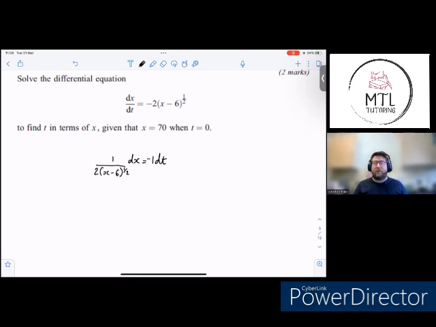Okay, so we've separated variables. We need to put the integral symbols in because otherwise it's kind of meaningless. Okay, let's rewrite that left hand side.